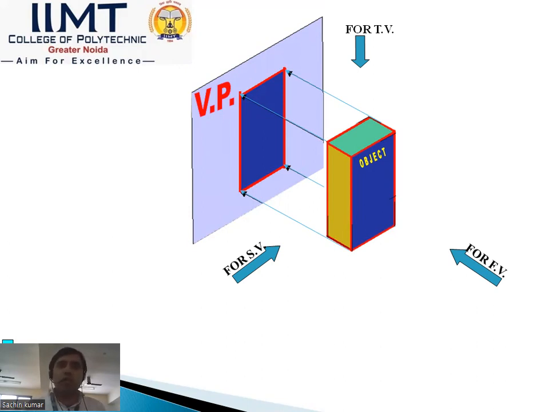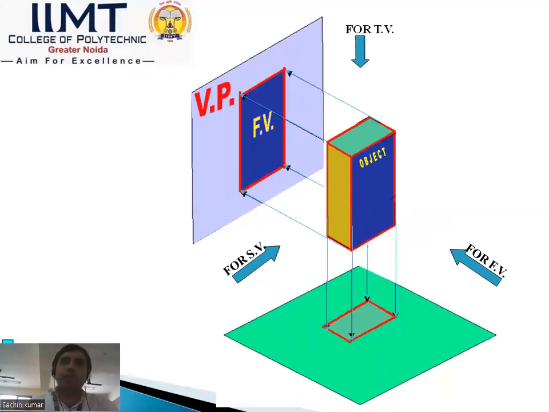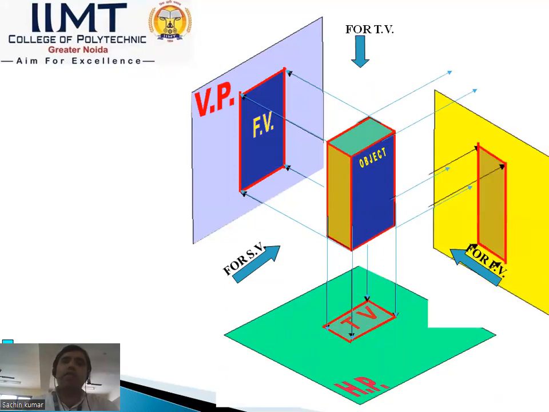In orthographic projection, in any view, front view, top view or side view, we can see only two dimensions. The front view is drawn on the vertical plane, the top view on the horizontal plane, and the side view on the profile plane.